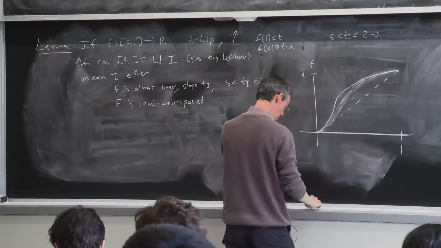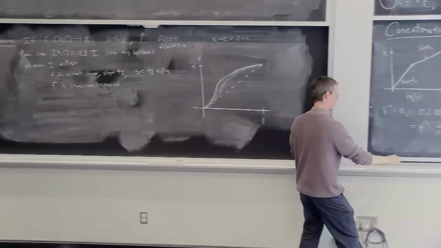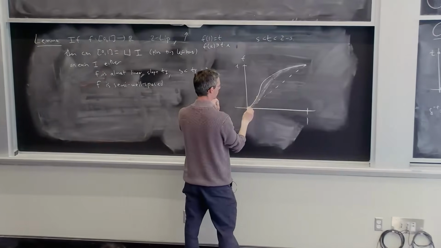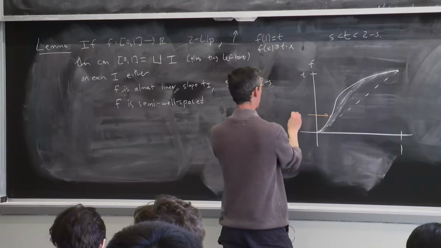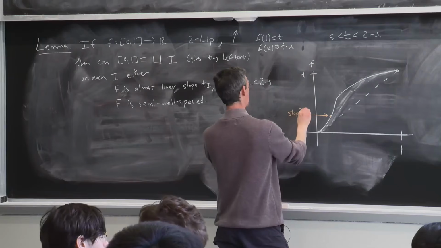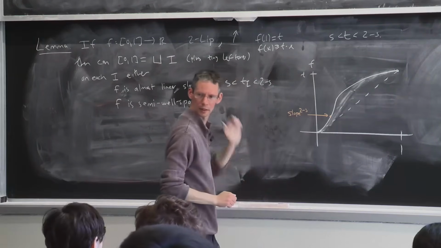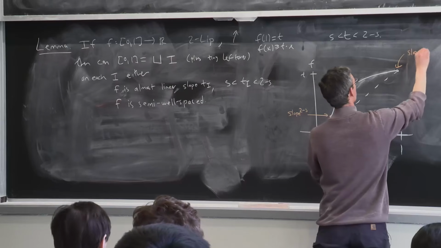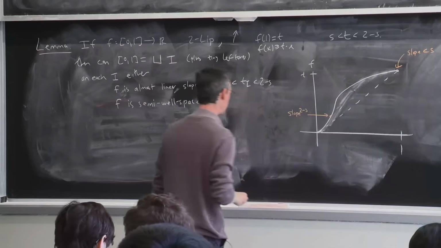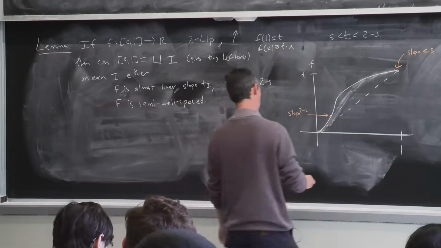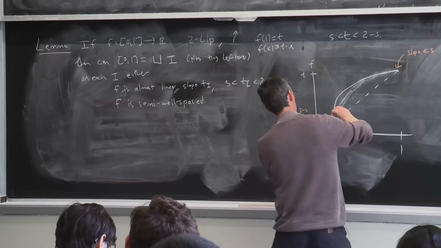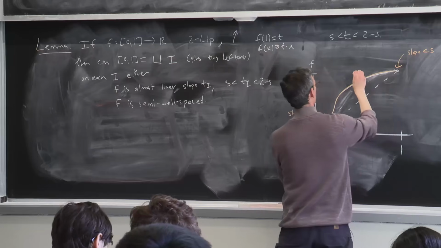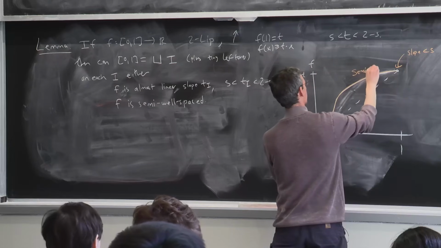As this slope increases, there is a key moment where the slope gets too big. Over here, the slope is 2 minus s. And maybe at the end, the slope is too small: the slope is less than s. So what should we do? Well, this whole thing here is semi-well spaced.